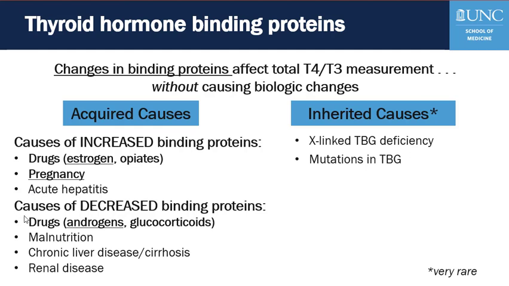On the other hand, decreased binding protein or decreased TBG can be found with androgen use, glucocorticoid or steroid use, and other states here including malnutrition, chronic liver disease or cirrhosis, and renal disease. There are also some rare inherited causes, including TBG deficiency and mutations in TBG, which can affect thyroid hormone measurements but cause no clinical syndrome in patients.